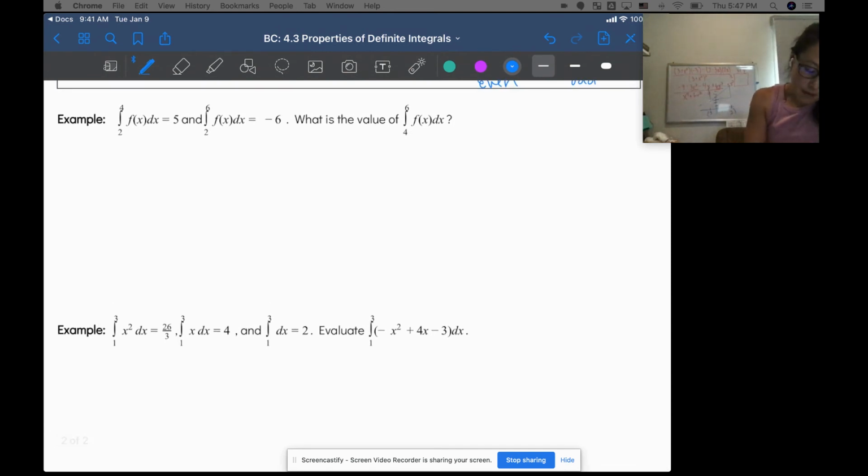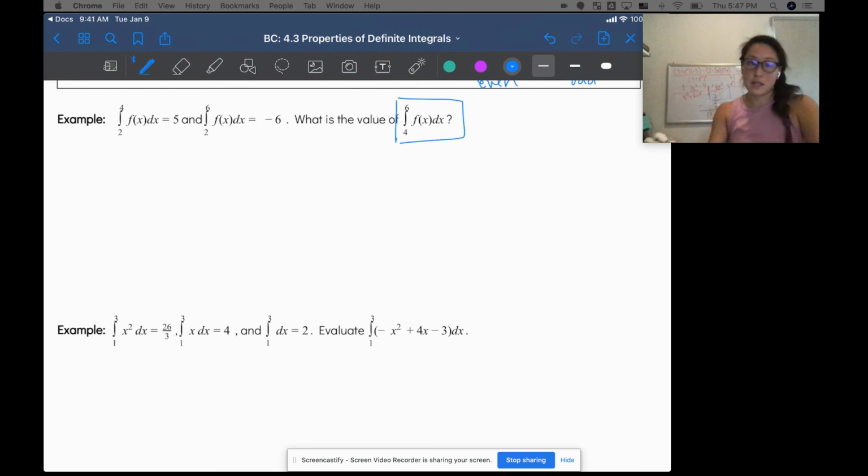Okay, so we have the integral from 2 to 4 of f of x dx is equal to 5. The integral from 2 to 6 of f of x dx is equal to negative 6. And we want to find the integral from 4 to 6 of f of x dx. So I see that I just want a portion of a much larger piece.